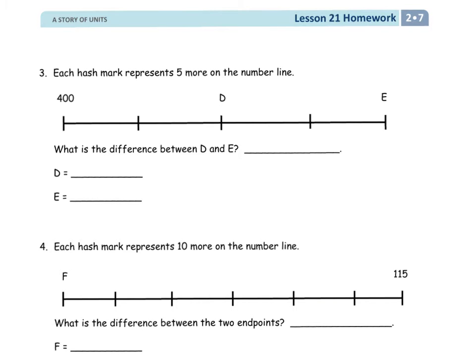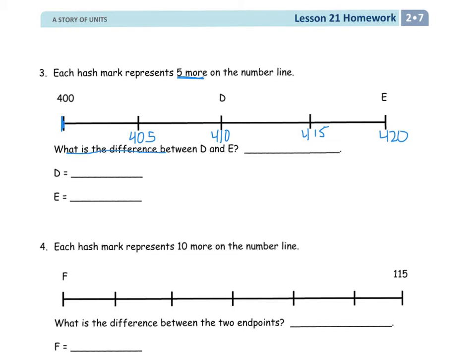Now on page 2, they're giving us how much they're each worth, and then we have to either find the difference or find what the letter is worth. So each hash mark represents 5 more. So if I start at 400, this is 405, this is 410, this is 415, and this is 420.